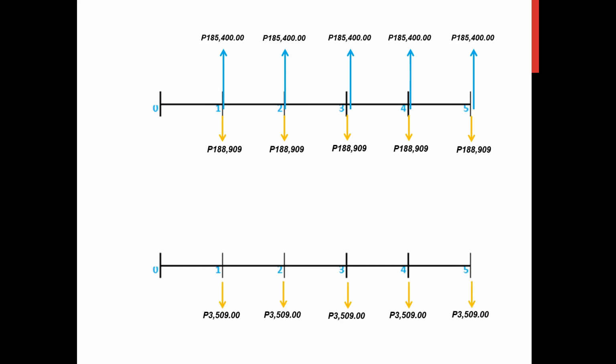And then the net annual cost will be the difference between this one. Of course, that would be equal to 3,509 pesos. So this time, your cash flow indicates that we have a downward cash flow of 3,509, meaning that is undesirable for a net amount. So since excess is negative, then the investment is not justified.